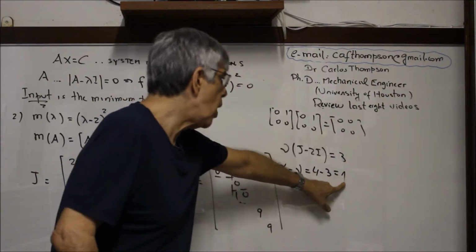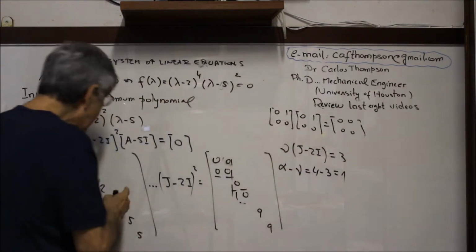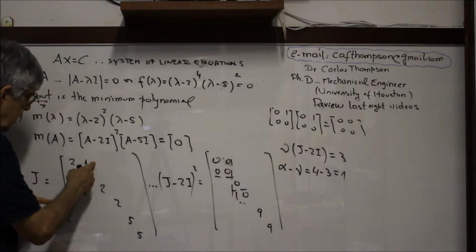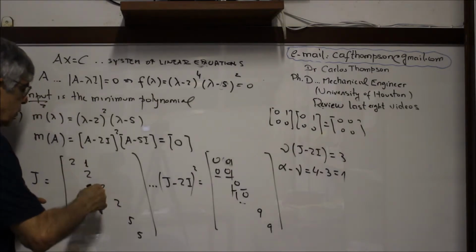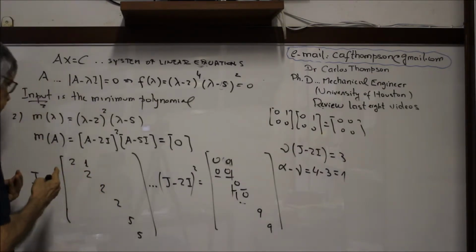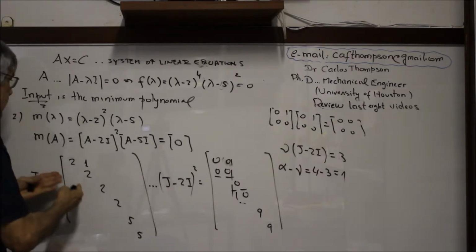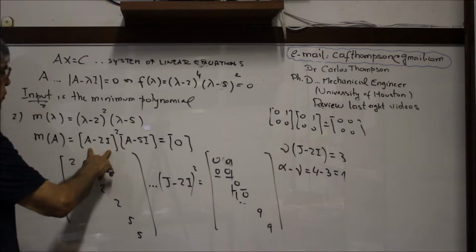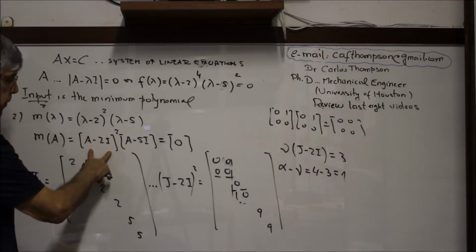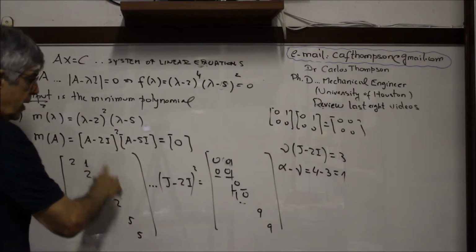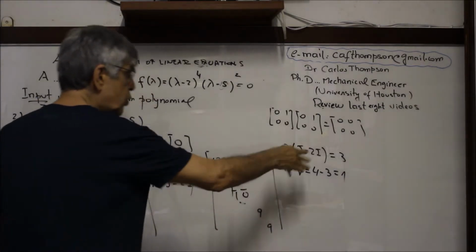So I'll have 1 eigenvector which matches with this. You see how many parameters I can obtain just from this (A minus 2I) squared. Then I have a solution for this.